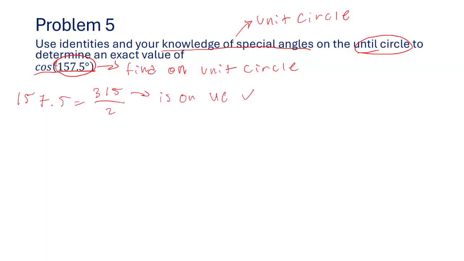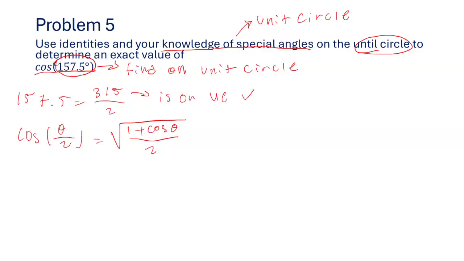So then we can now apply our half angle identity, which states that cosine of theta over 2 is equal to the square root of 1 plus cosine theta over 2.